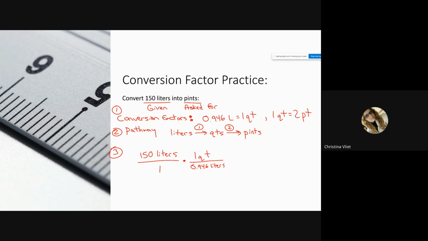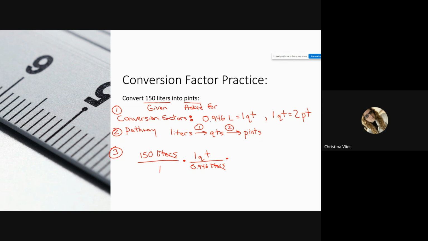But do we understand why the liters go on the bottom here? It's because whatever you start with, that part of the conversion factor has to go on the bottom so that it cancels. It's that whole canceling technique. The same thing on the top and the bottom cancel out. Now, following the strategy, we move on to our second conversion factor, which is 1 quart and 2 pints.